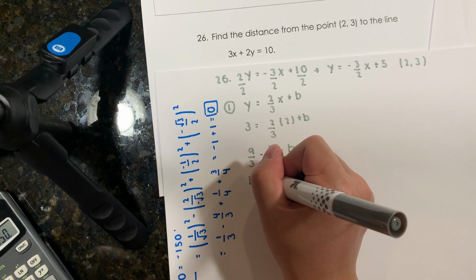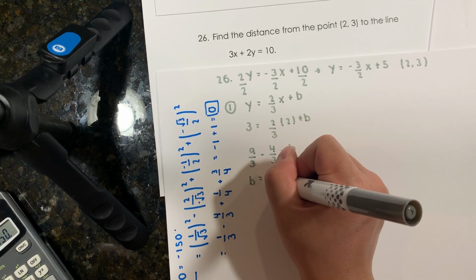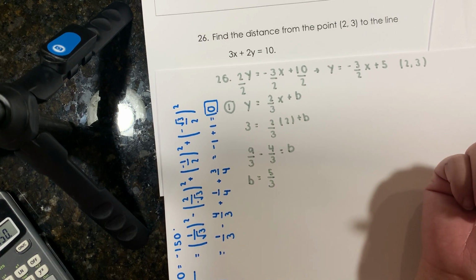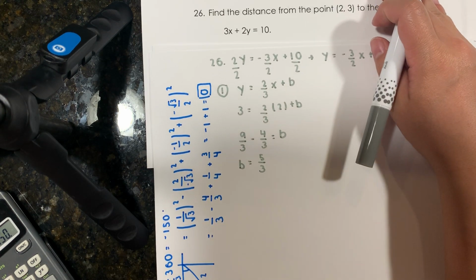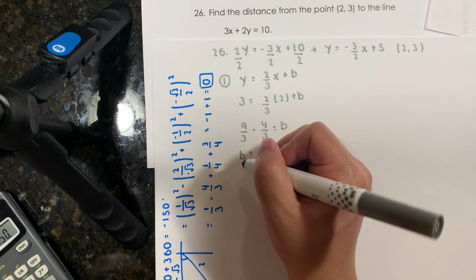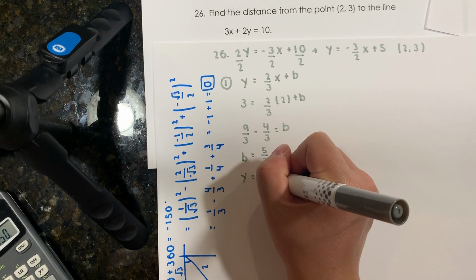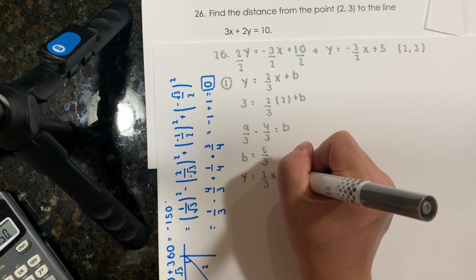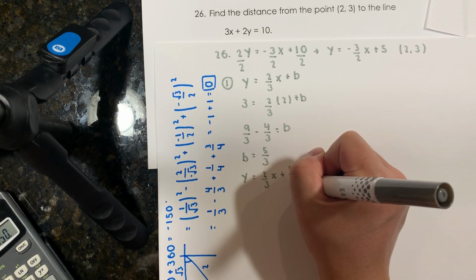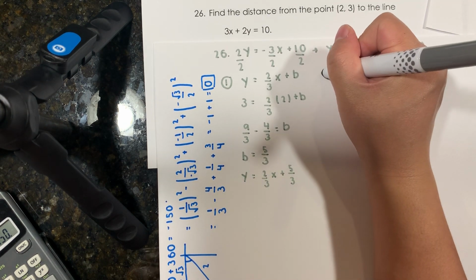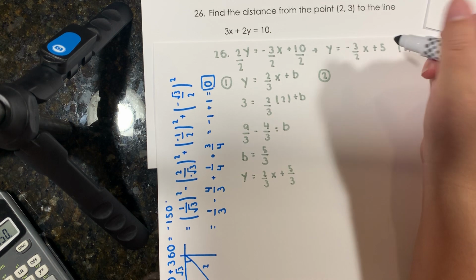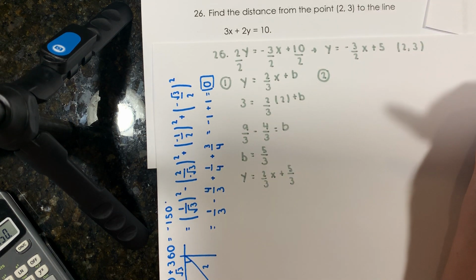So b is going to be equal to 5/3. So my equation of my perpendicular line that goes through the given point is going to be y equals 2/3 x plus 5/3. Now for step 2 of this problem, you're going to set your original y equal to your new perpendicular y.